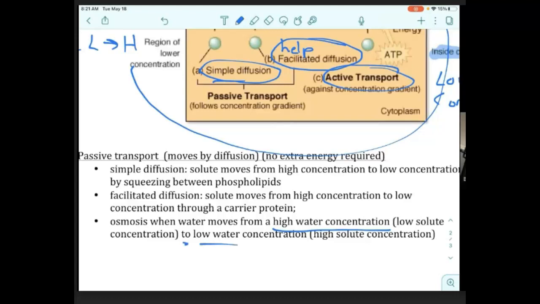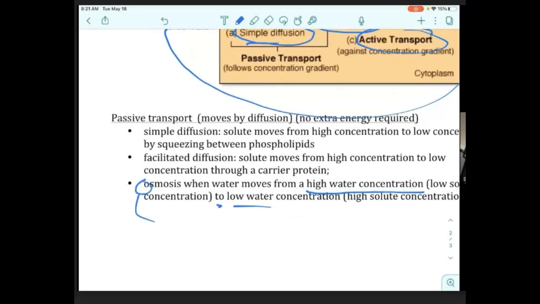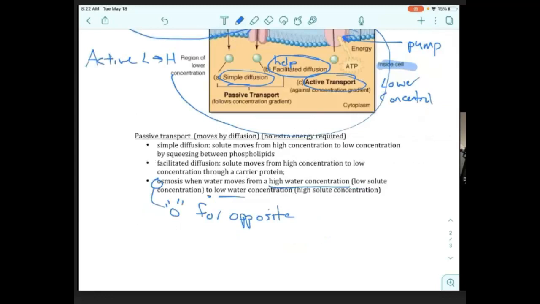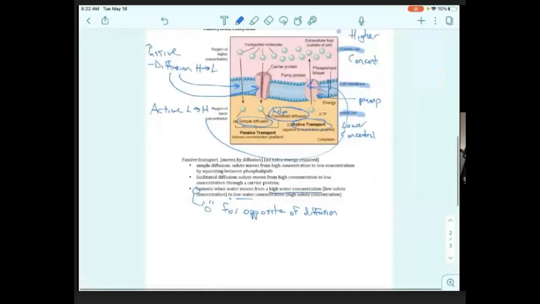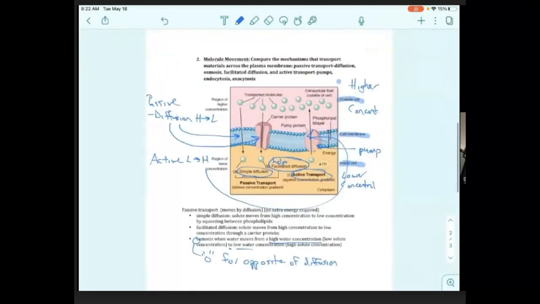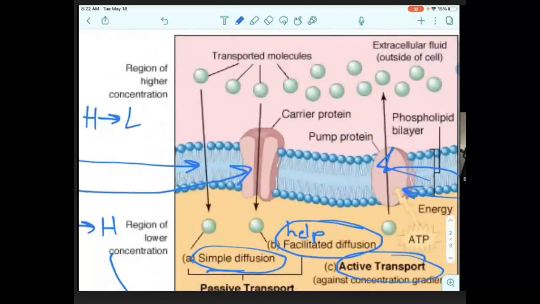Okay, and so remember, O for osmosis is O for what? You guys remember this? Opposite. O for osmosis is also O for opposite, because remember, the direction of osmosis is opposite of diffusion. So if those molecules were diffusing in our picture, they're diffusing from the high side to the low side, looks like in through our cells.